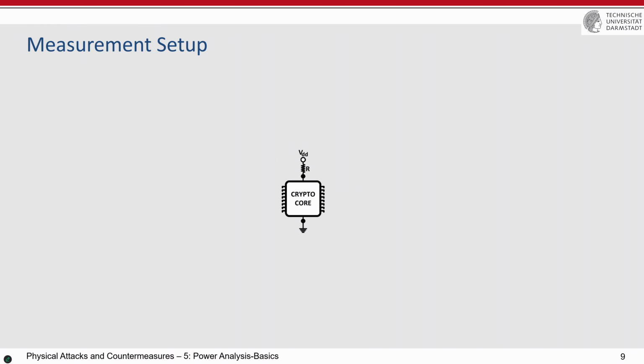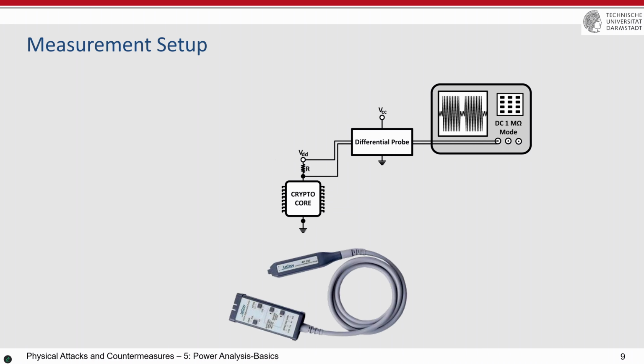Then our wish or favorite is to put this resistor at the VDD of the core, the one which is responsible for the power of the core inside, not of the I/O, and then measure it. As I explained, what you can do, you can use a differential probe here. But a differential probe is an active component. If you see, it should also be connected to the power supply.